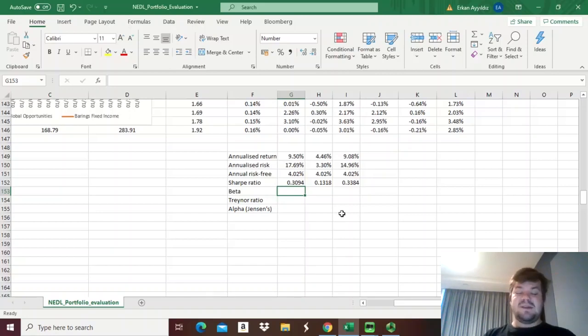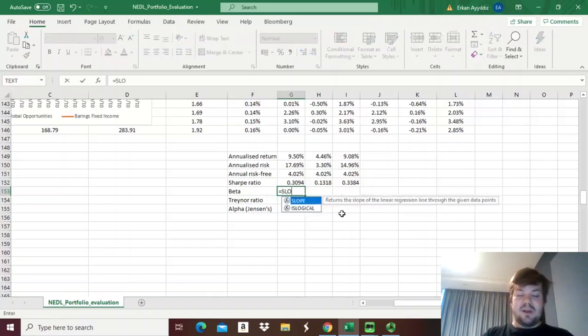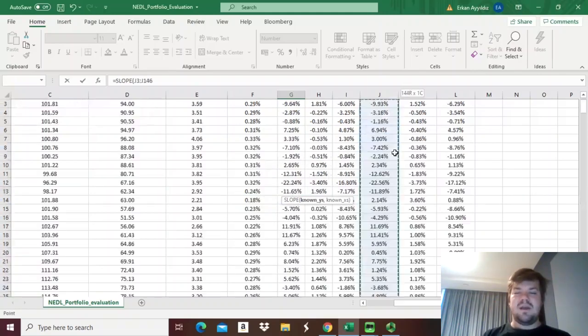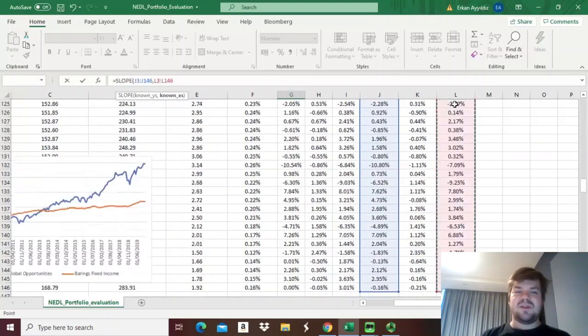To calculate betas, we need to apply the slope function in Excel and use excess returns to figure out betas. Our y's, so our dependent variables, are always the arrays of portfolio returns, and our x's, so the explanatory variables, are always the corresponding returns of the market or the benchmark, because we always explain betas in terms of the market, whatever our benchmark is.